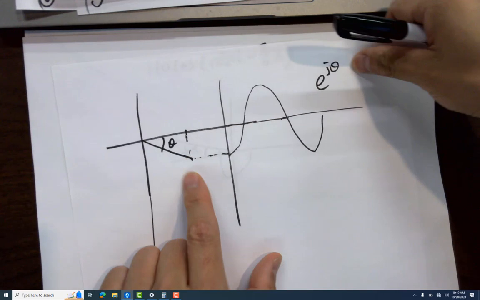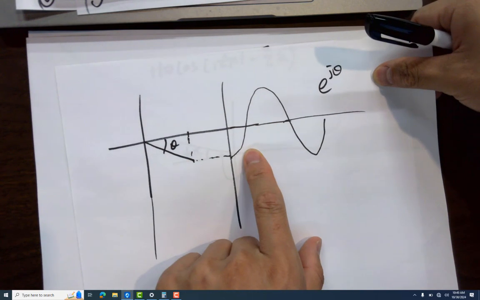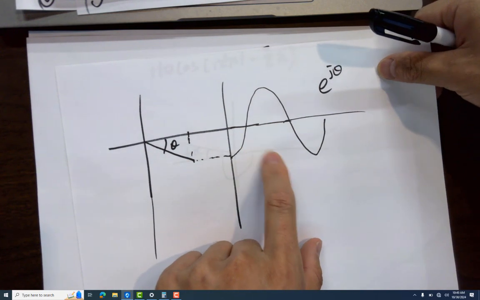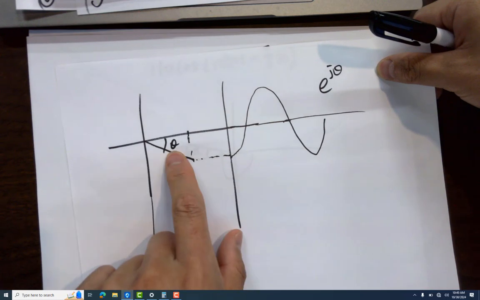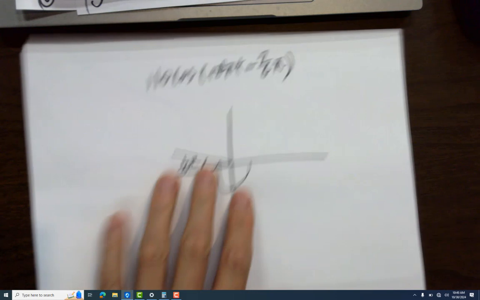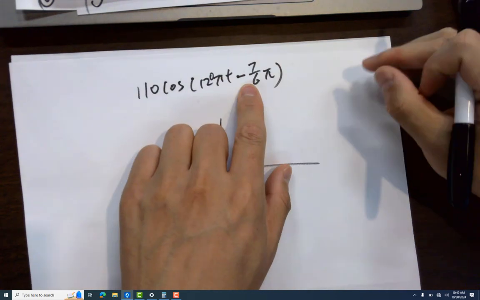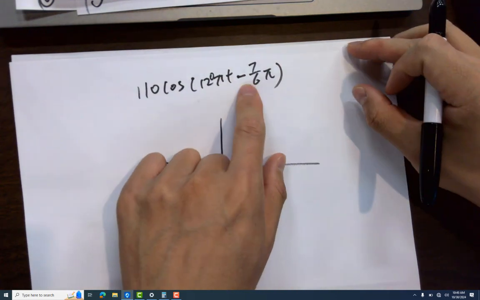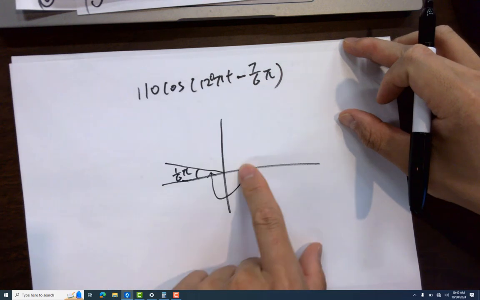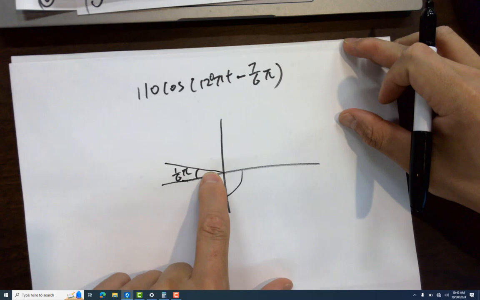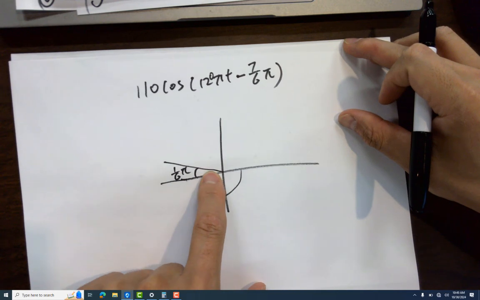One more time. Leading or lagging? Lagging. Minus or plus? Minus. Leading or lagging? Lagging, right? Lagging, pull it back. Lags 1 pi plus 1 over 6 pi. Okay?